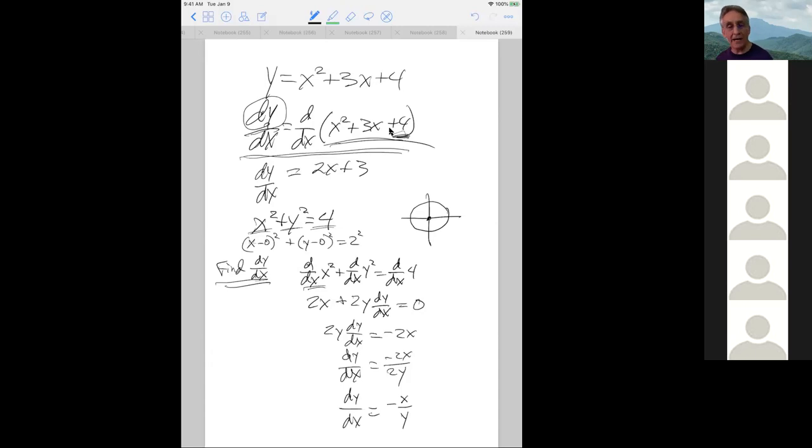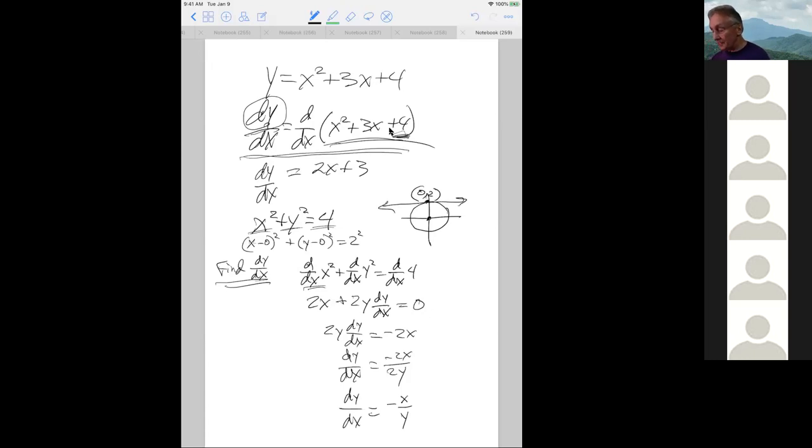So for any point on that circle, if you find the coordinates of that point, you will have the slope of the tangent line at that point. And the really obvious ones are up here. We have the radius of 2, so this is at the point (0, 2). Notice what the slope of the tangent line is here.